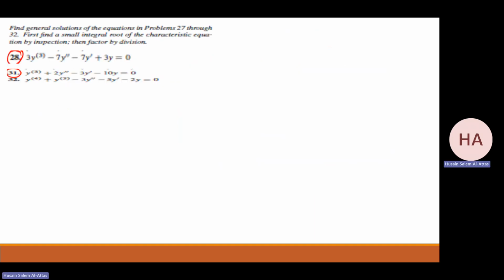Okay, find general solution of these equations. First, find the small integer root of the characteristic equation by inspection, then factor by division. Okay, let me do 28. What is the auxiliary equation? I need to guess the solution, or do it by grouping.